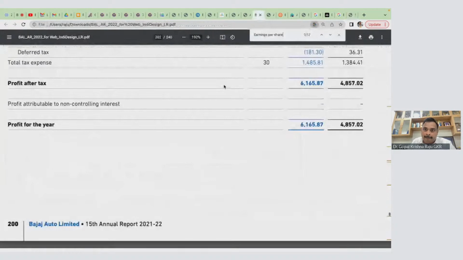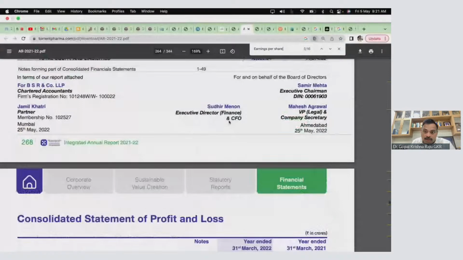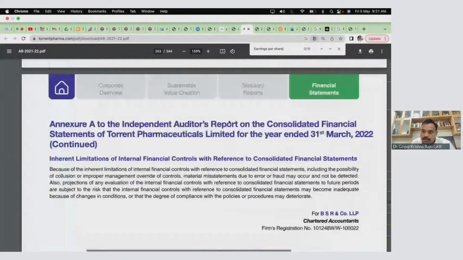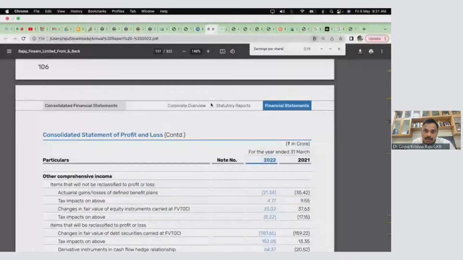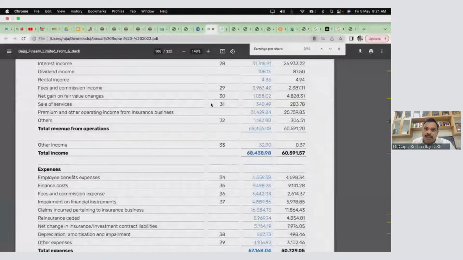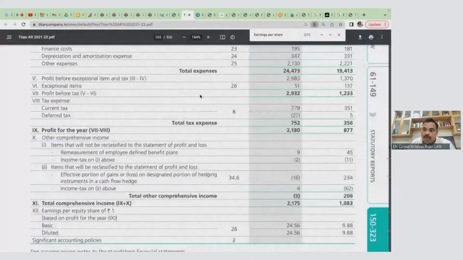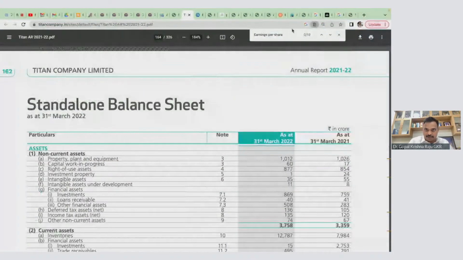This is Titan. This is a perfect example. Okay, so borrowing cost.